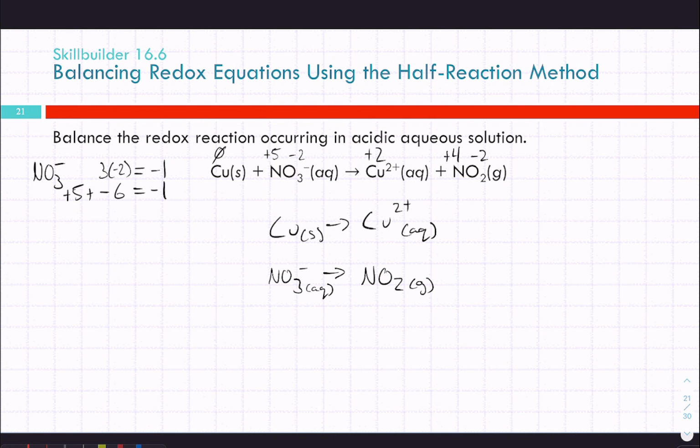So our next step then is to look at these and balance based on mass. We've got the same number of coppers, we've got the same number of nitrogens, but we need to balance the number of oxygens. We do that by adding water. It's an aqueous reaction, so you can just add water in to make that balance. NO3 has 3 oxygens, NO2 has 2 oxygens, so if we need one more, we just add an H2O.